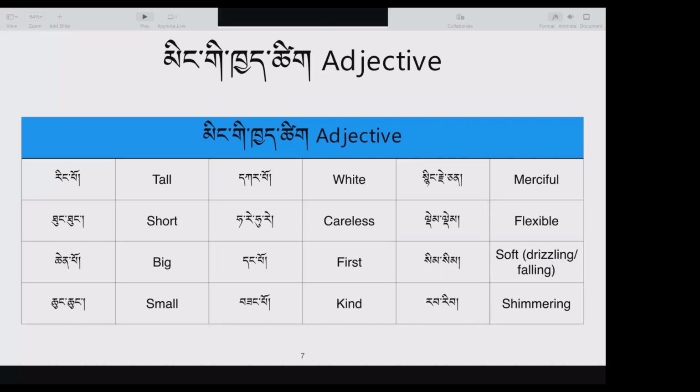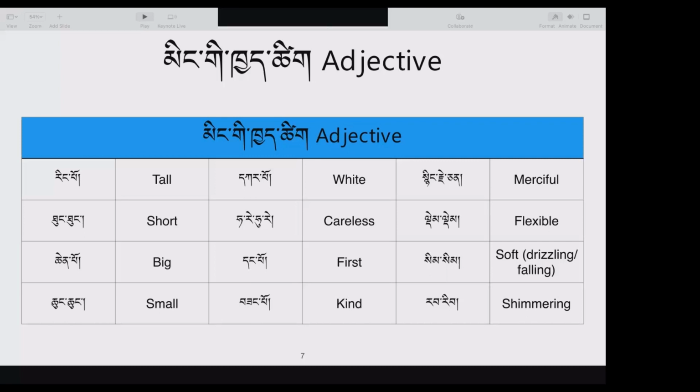Tangpo, first. So these are ordinal adjectives, meaning showing the order of things, defining the characteristic as an order. So this is first, this is second, this is the last, this is the final. Tangpo, sangpo, which is kind. Ningjechin. So sometimes when a particular characteristic is being shown to be possessed by someone, this can also be used as adjective.